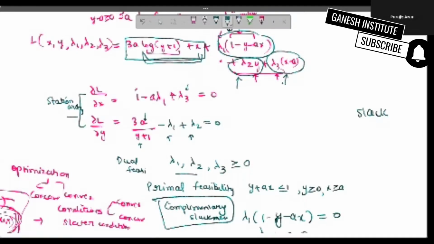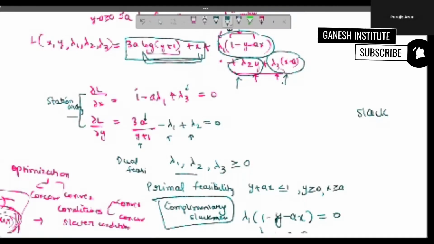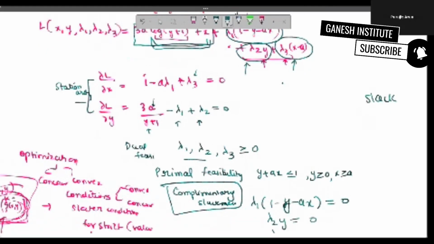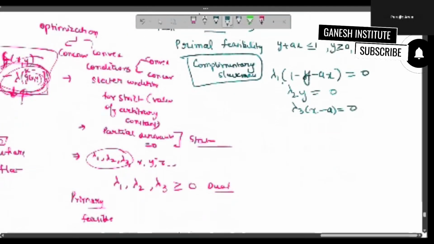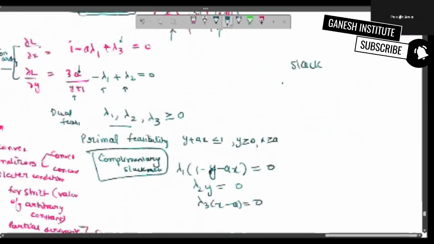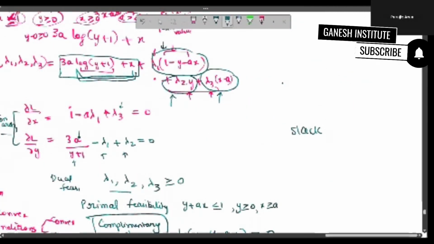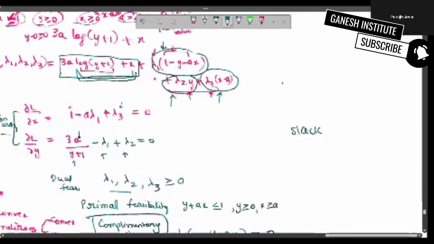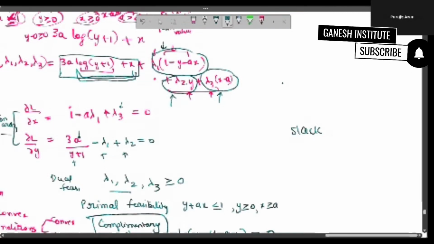When it is complementary, means one of the things has to be taken care of. Other than that, you will skip other things. So what you are doing, you are substituting your multipliers as 0, but for that, the condition is constraint should be inactive.